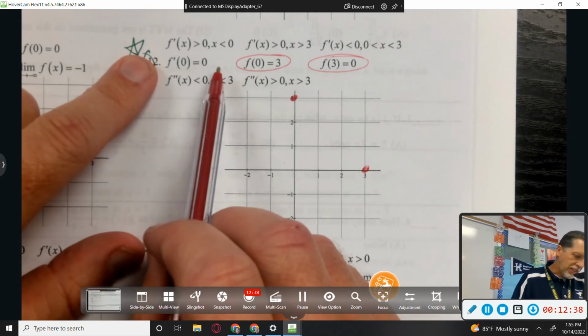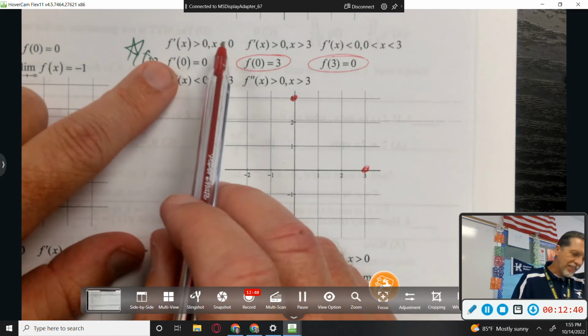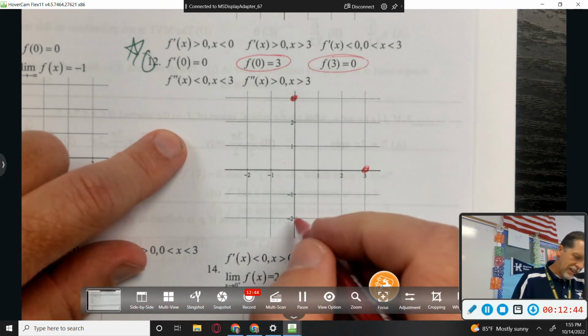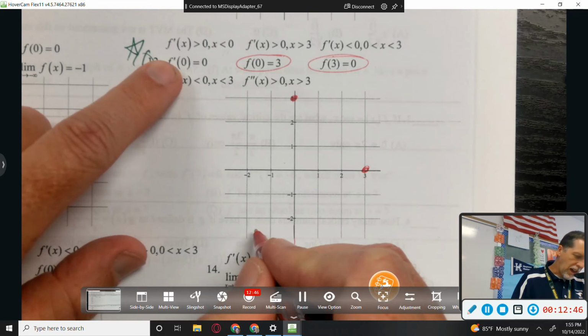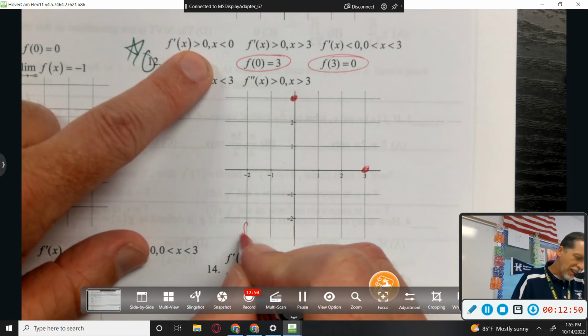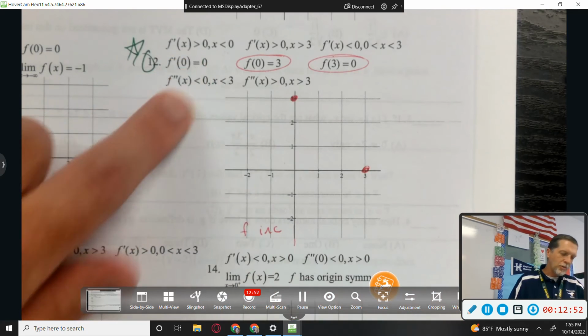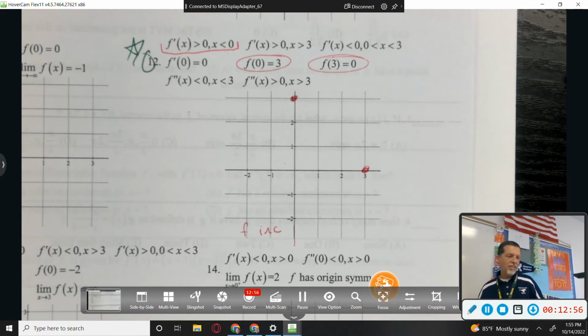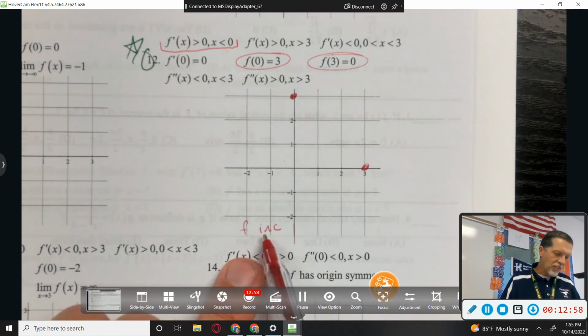Now, let's see. When x is less than 0, f prime is positive. That means f is increasing. I'm going to try to translate this onto the graph. So when x is less than 0, f is increasing.